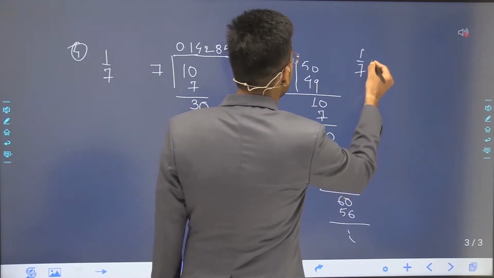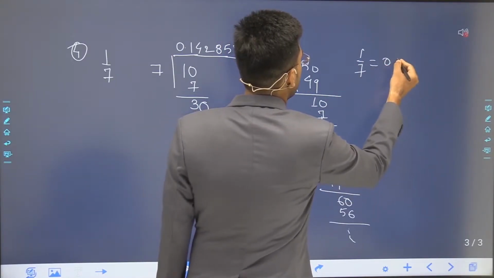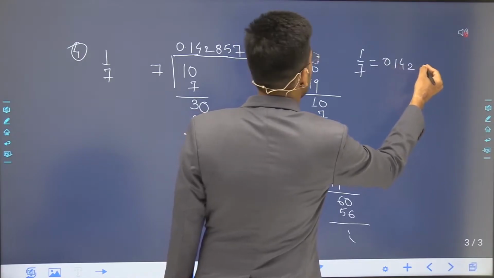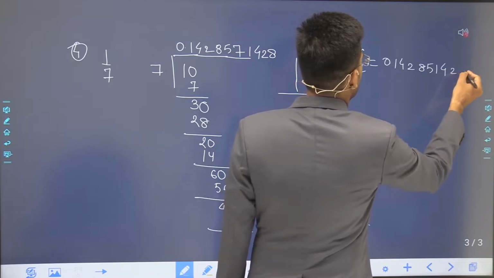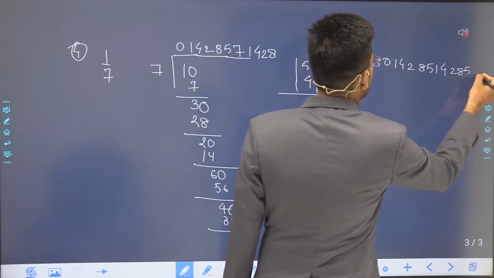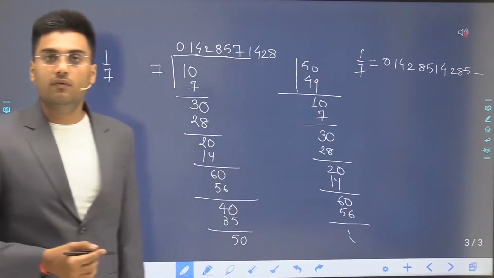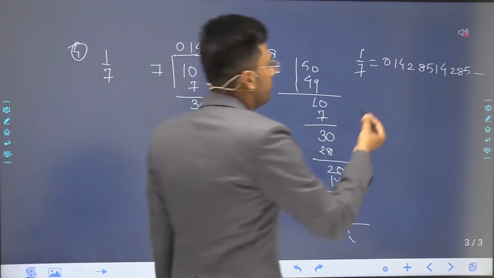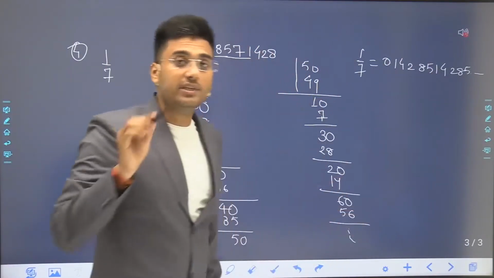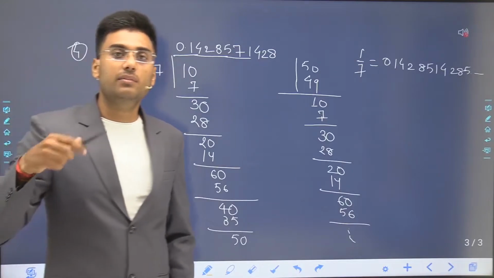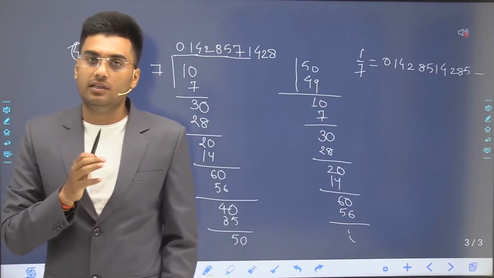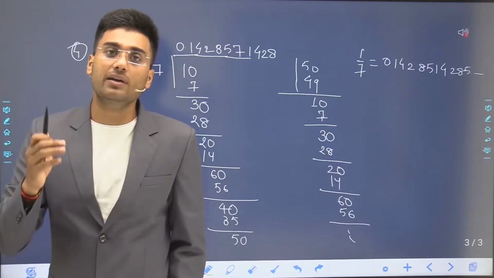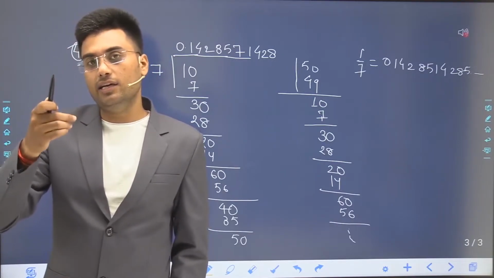So this division goes on, and we see that 1 upon 7 is equal to 0.14285, 14285, and so on. We conclude that in this example, the decimal representation of a rational number does not terminate or end, but it repeats.